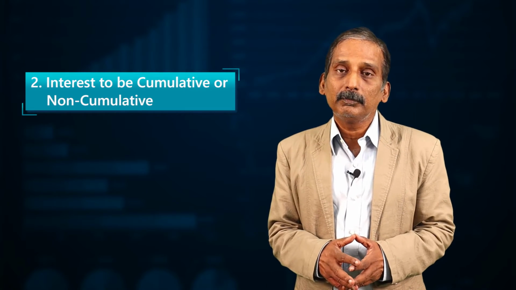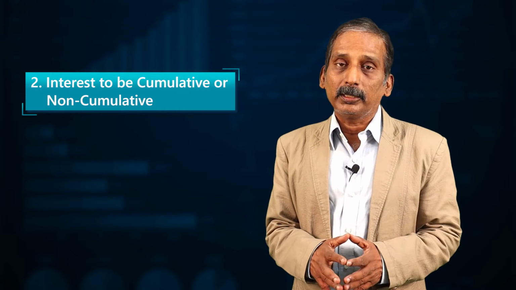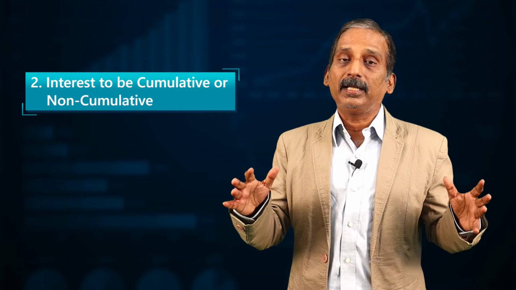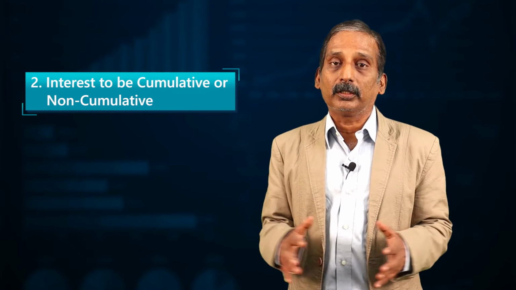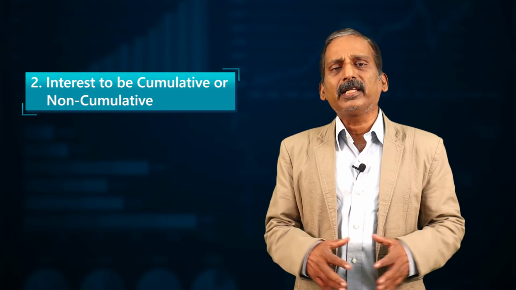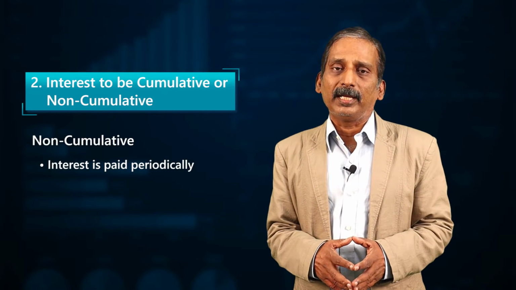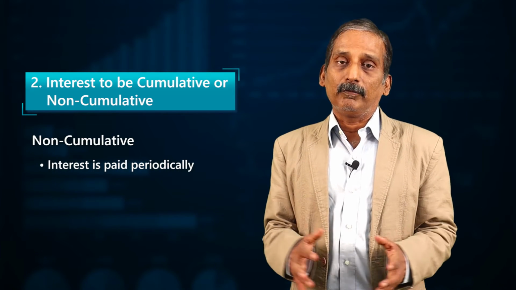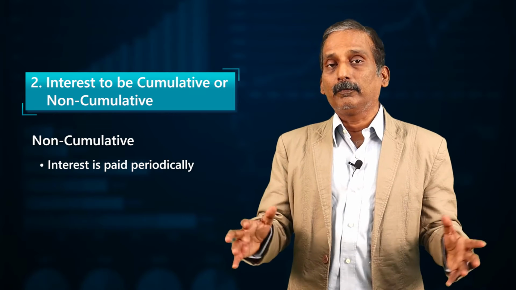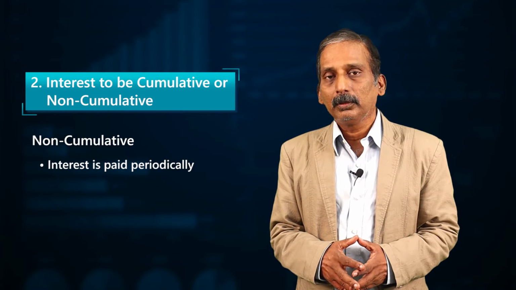The second important feature of a fixed deposit is that this interest payment can either be cumulative or it can be non-cumulative. If it is non-cumulative, then it is paid at the end of every year normally. It can also, according to what the bank decides, be paid at the end of every quarter or at the end of every half year.